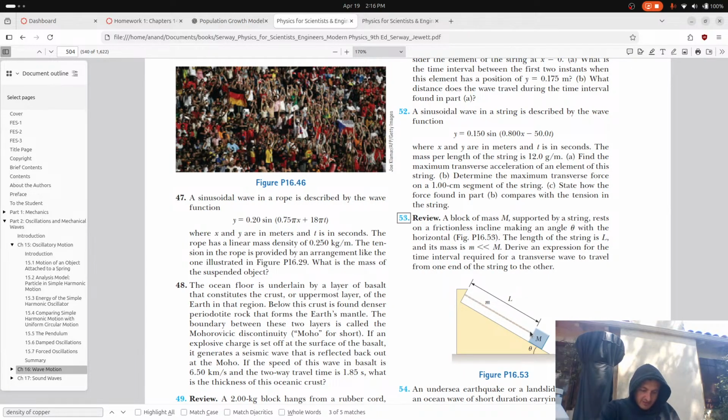And this is capital M. And then mu is equal to little m over L. So then V is equal to the square root of Mg cos theta over little m over L. So L goes on the top.